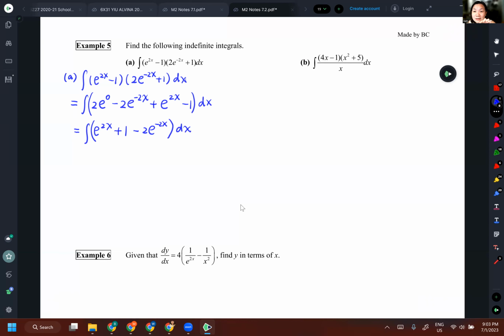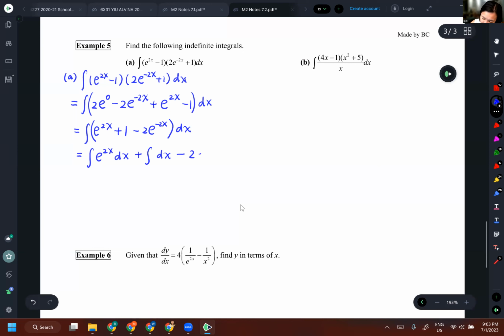I first expand and simplify, and then I will separate them. Remember to write dx. For the last one, I will take out 2. You can take out the coefficient, but you cannot take out this. That is not coefficient. You have to keep it.